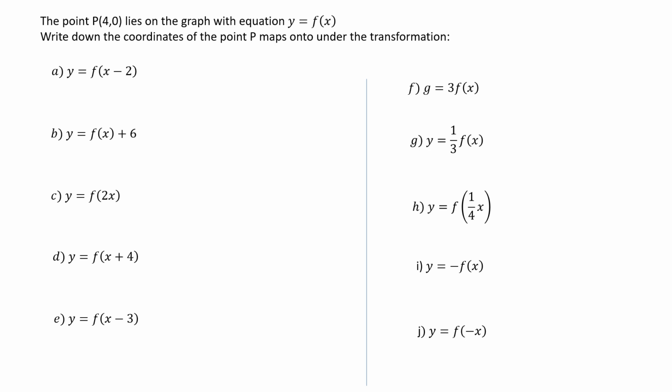So I'm going to write new point P. Y coordinate is not changed, so y coordinate is the same. X coordinate is going to be changed, the opposite. So here negative 2, so we need to add 2. So 4 plus 2 is 6.